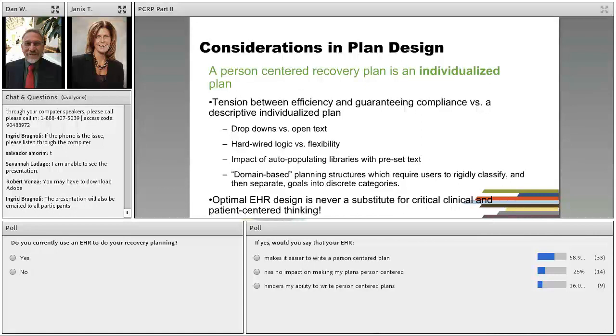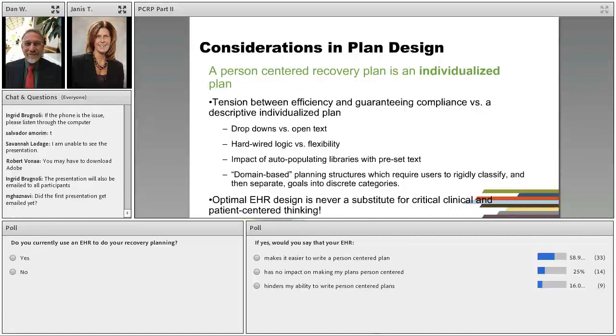Third piece of this are the auto-populating libraries. Wiley is probably the most well-known of these. Again, it's tremendously convenient. I think they were developed for procedures that are very standardized, and rather than someone having to write out the same thing every time, you click on the button and it gives you a whole procedure.